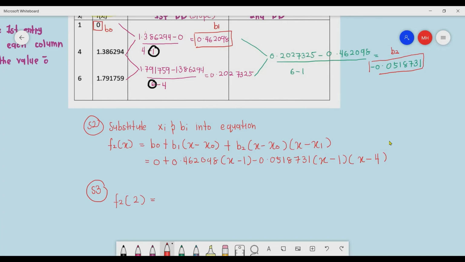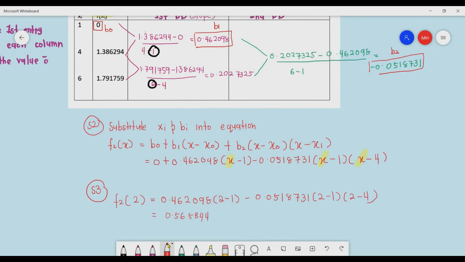The 0 you can cancel out, so you have 0.462098, substitute x equal to 2, so 2 minus 1, minus 0.0518731, 2 minus 1 multiply 2 minus 4, and the answer here is 0.565844.